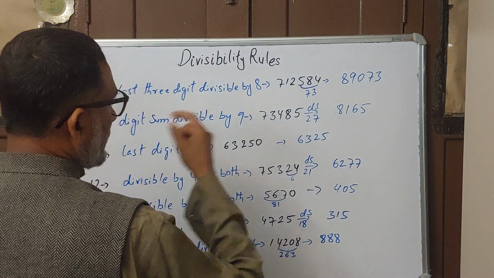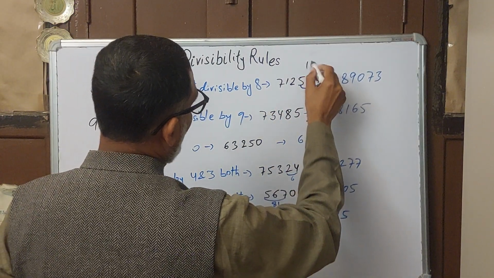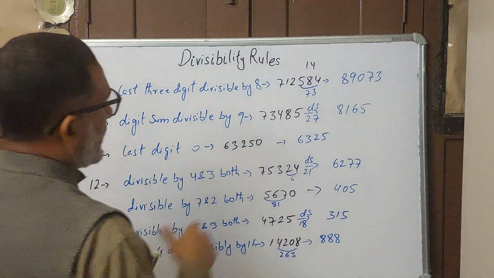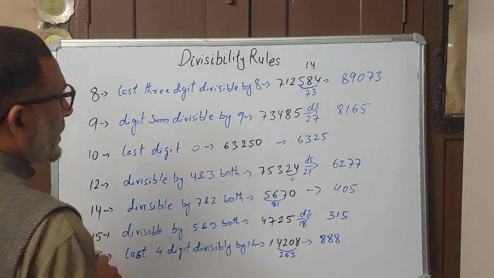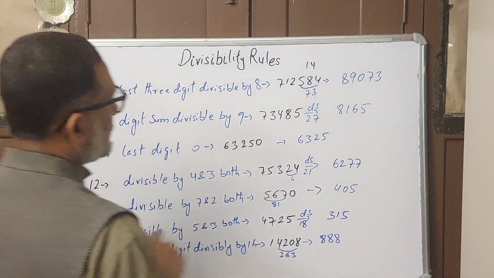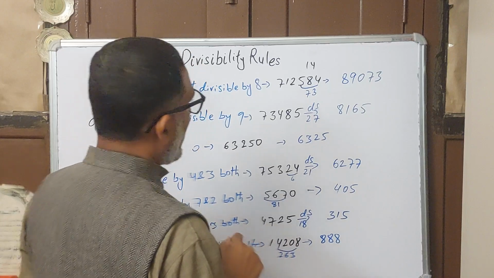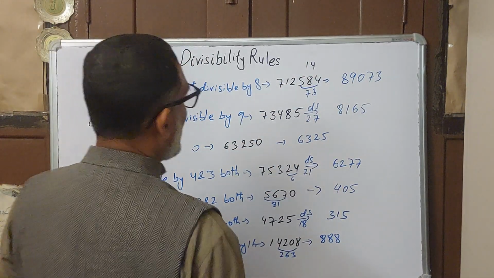It is easy to find. For example, if any number has something like 14 at the end, that means this number will not be divisible by 4. So that means if you add any digits before it, it will not be divisible by 8.